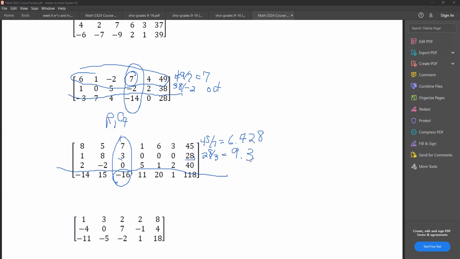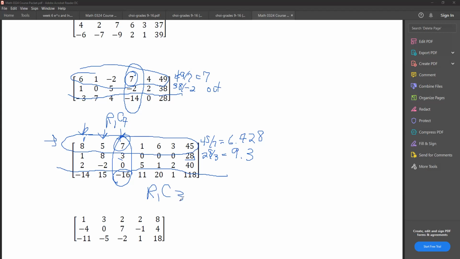And 40 divided by 0 is not possible, so we ignore that one. The smallest ratio I have is 45 over 7, so this would be my pivot row. The row that I'm going to pivot around is row 1, column 1, 2, 3. So we're going to pivot row 1, column 3.